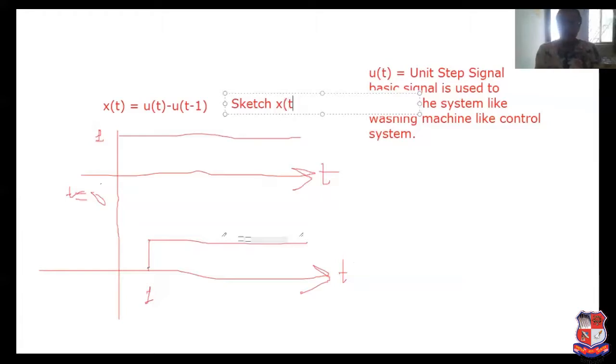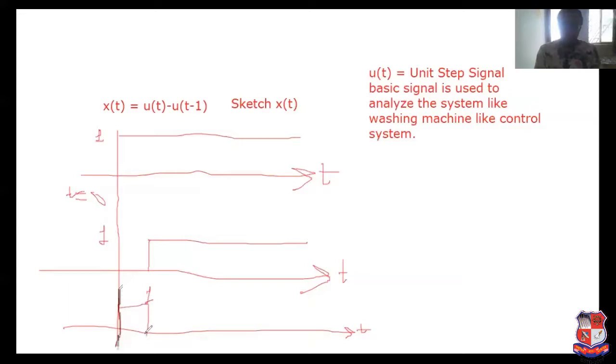here we can sketch x of t. Now if you subtract these two, 1 minus 1 equal to 0. Here the amplitude is 1, so between 0 to 1, the amplitude is 1.